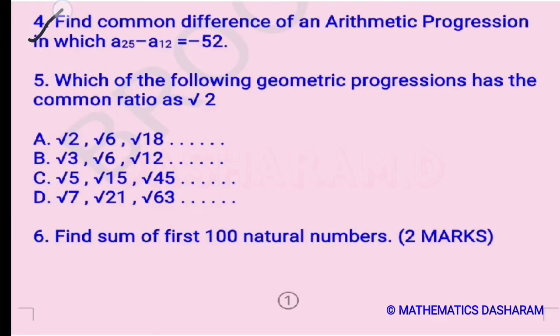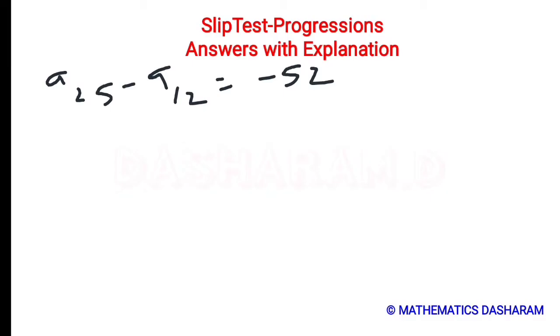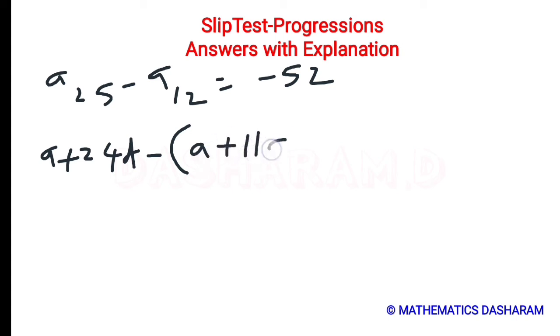Next, fourth question, find the common difference of an arithmetic progression in which a25 minus a12 equals minus 52. The difference between the 25th term and the 12th term is minus 52. Then what is the common difference? A25 means a plus 24d, minus, here take the bracket, very important, a12 means a plus 11d, equals minus 52.